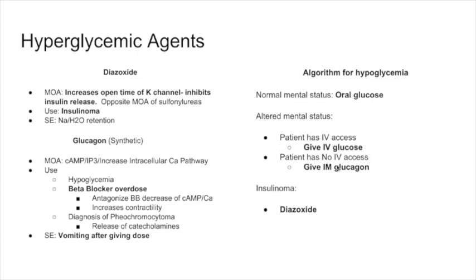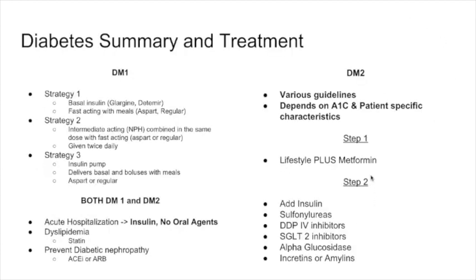You can't give them glucose intramuscularly because the volume of glucose is so big, and you wouldn't be able to give all of this intramuscularly. So you'll give IM glucagon. If patients have insulinoma, then you can use diazoxide. So I hope this algorithm makes sense to you.